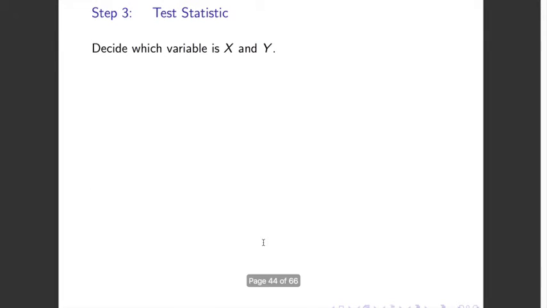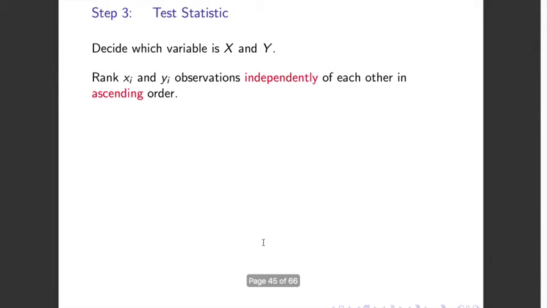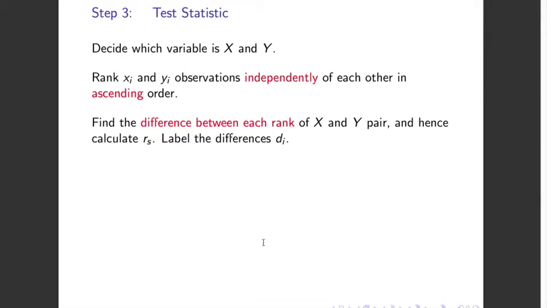Then we have our test statistic. We decide which variable is x and y, and usually that is given in the question. We rank these x and y observations independently of each other in ascending order. Then we find the difference between each rank of x and y, between the x and y pair, and then we calculate RS.